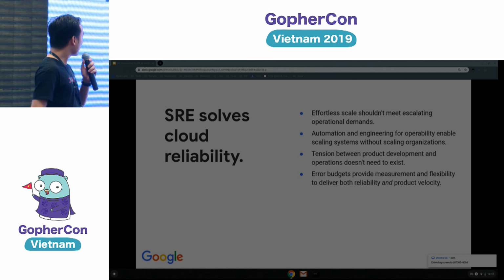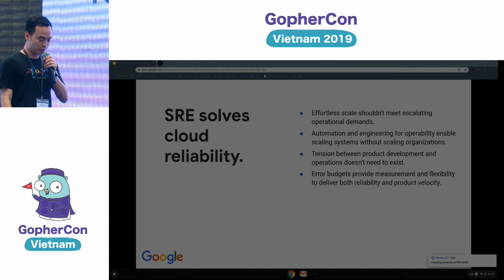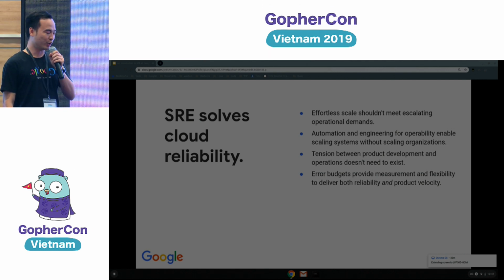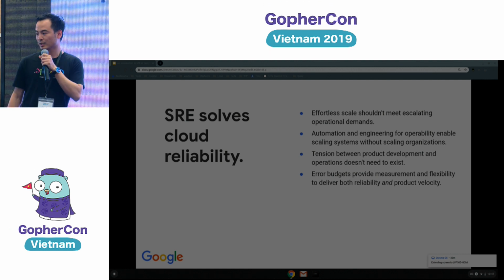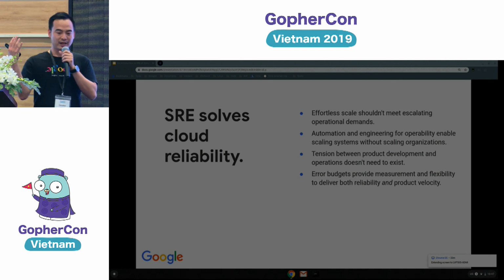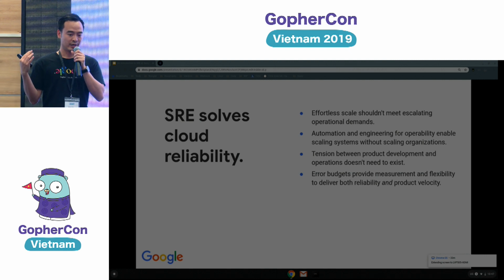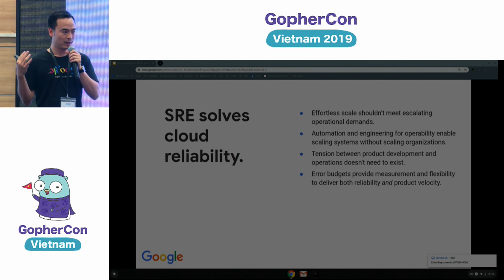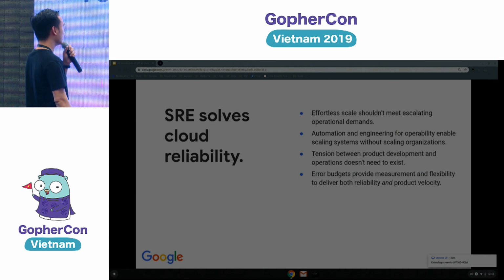And so now, in order to start with cloud, which is a very hot topic, right? We believe at Google that SRE is an efficient and reliable way to solve the cloud reliability problem, right?